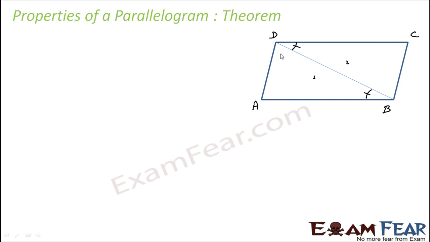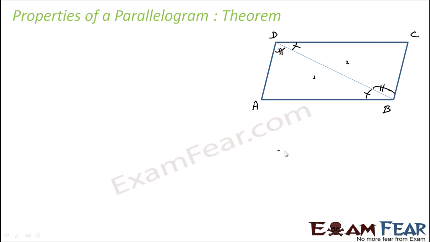Correct. Similarly, AD is parallel to BC, so this angle will be equal to this angle. Again, alternate angles, because these two are parallel lines, and DB is the transversal.